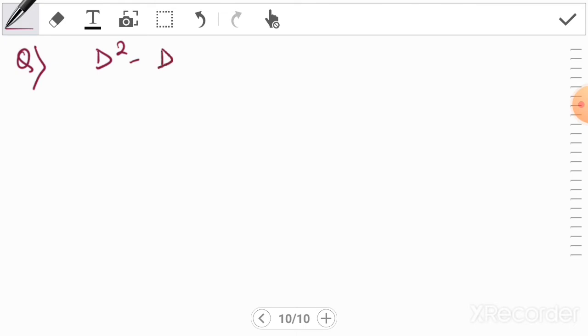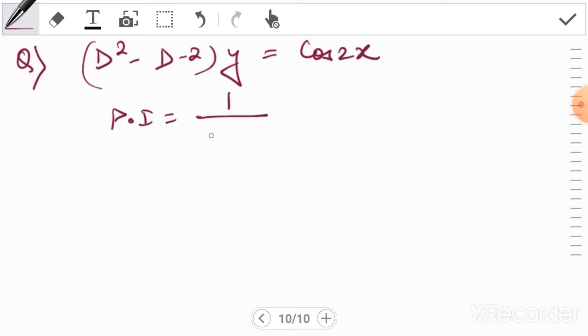Find out the particular integral for this, where X is equal to cos 2x. The particular integral is 1 by D square minus D minus 2, cos 2x.